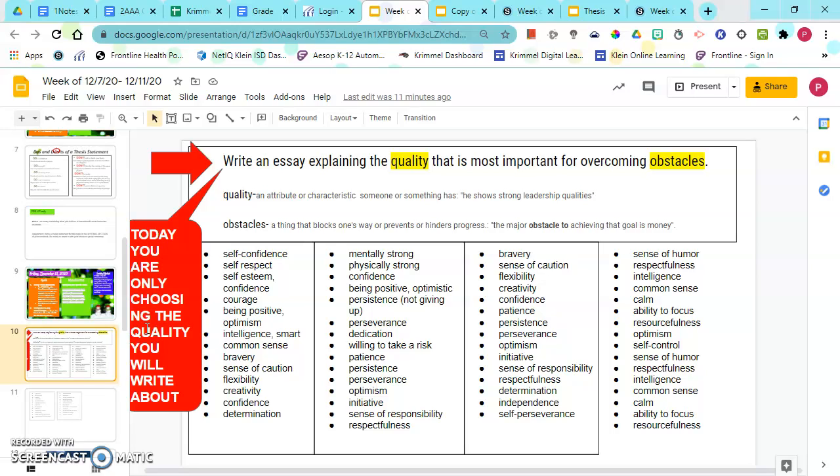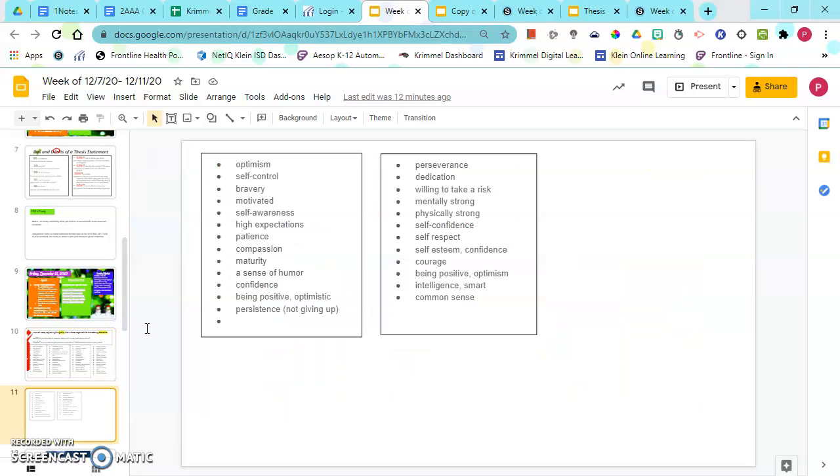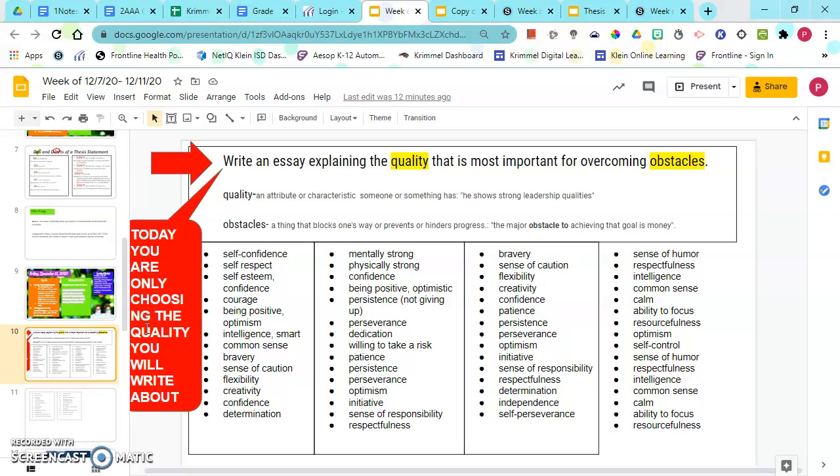On the bottom part of this slide, as well as on slide 11, which you can review in Schoology, where the daily slides are located, you will see a lot of the qualities that were brainstormed during my classes all day long.